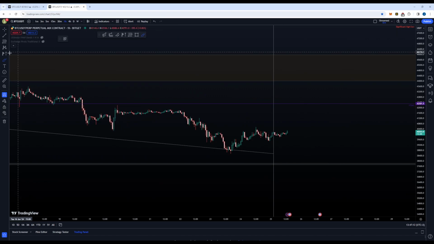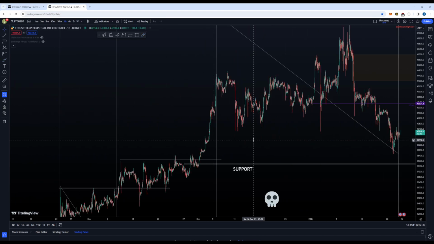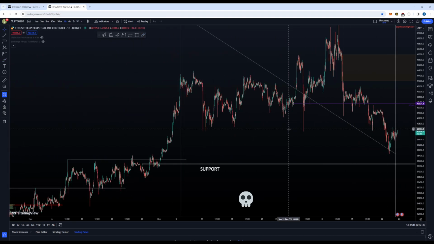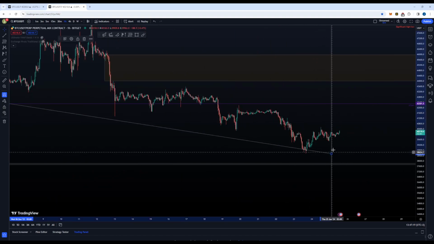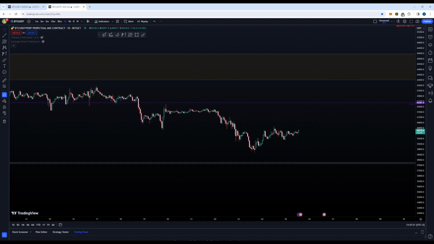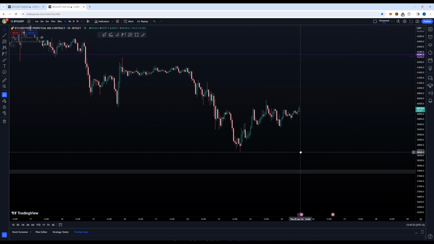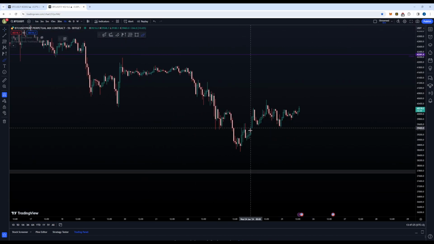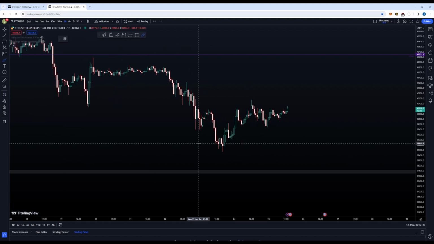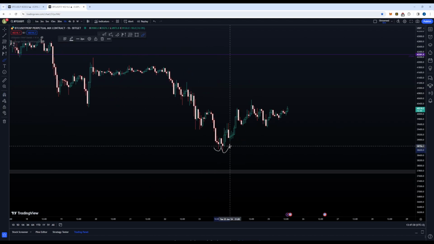Now 1 hour time frame. Let's go deeper and deeper. This is good practice. 1 hour time frame. This is now looking like a good low, a good bottom.